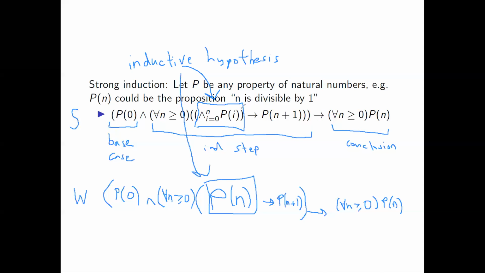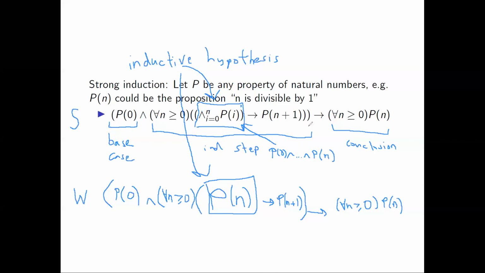Our inductive hypothesis in strong induction is this conjunction, i equals 0 to n, of P of i. Another way we can write that conjunction is P of 0 and P of 1 if n is greater than or equal to 1, and P of 2 if n is greater than or equal to 2, all the way up to and P of n.